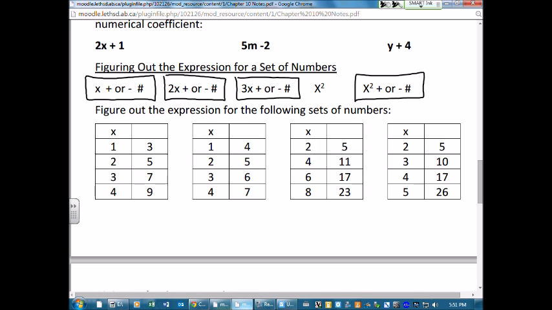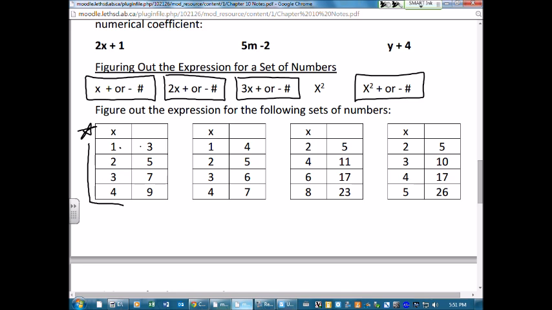You can come up with the expression for anything by following a simple process, and this is the beginning of that process. So what we're trying to do is figure out, let's look at this one right now, if this stuff over here on this side is our variable, X, how do we make 1 become 3? Okay.